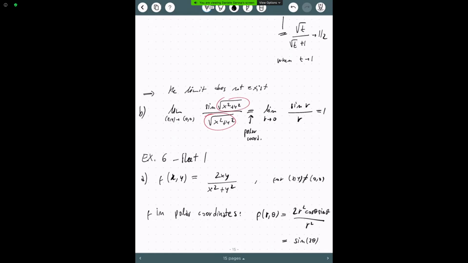So now the question, the tricky one, is which values can f assume as (x, y) varies over the punctured disk given by this.